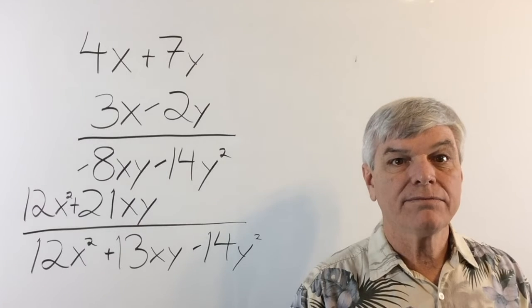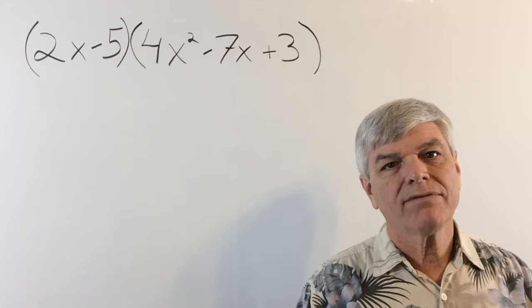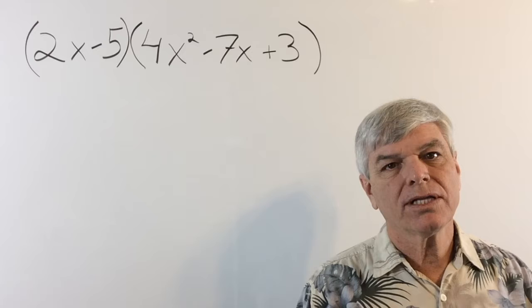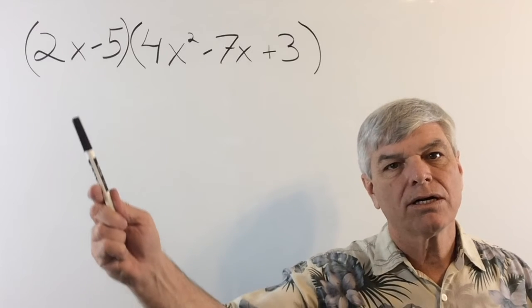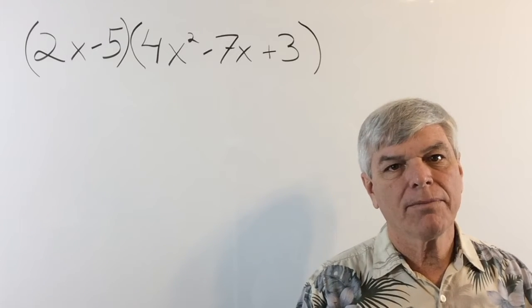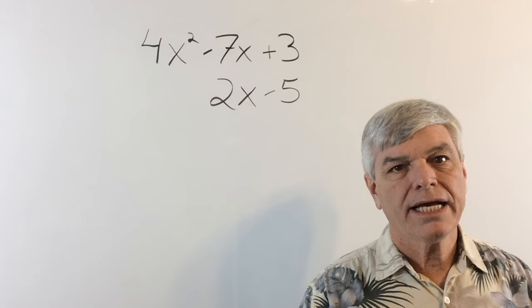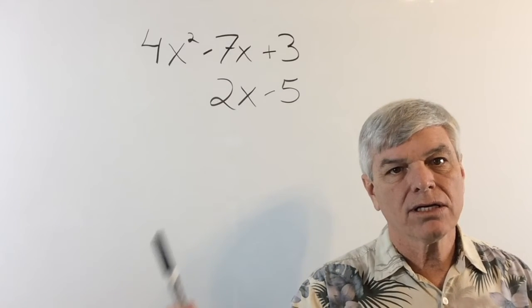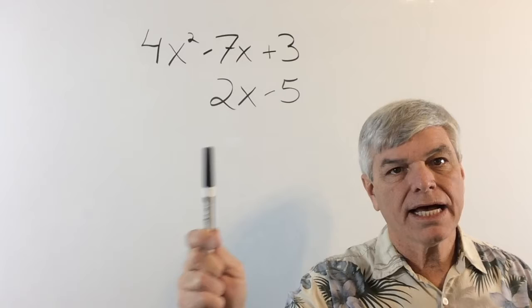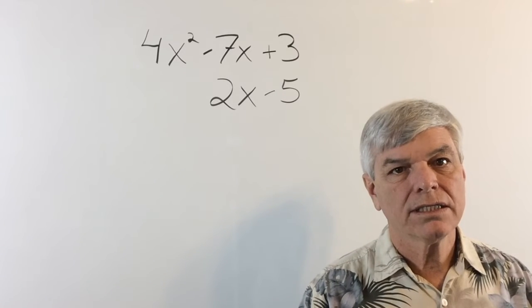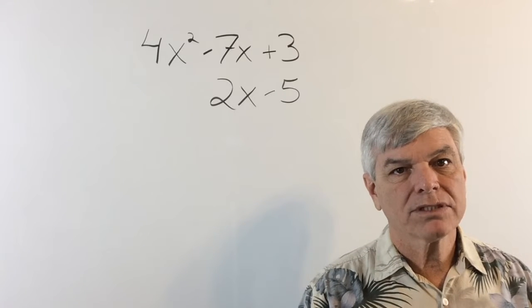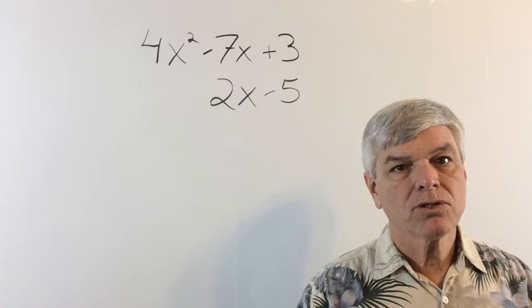So let's do that. So we have a binomial times a trinomial, and we're going to put the smaller polynomial on the bottom. And as you can see, everything is in the proper column. Units, x's, x squares, or you can do that backwards if you like. So let's multiply that out.